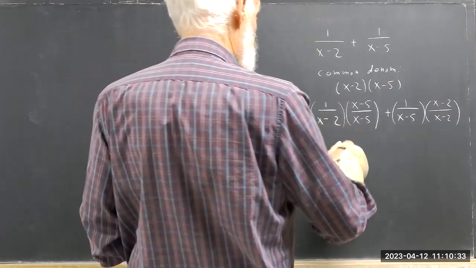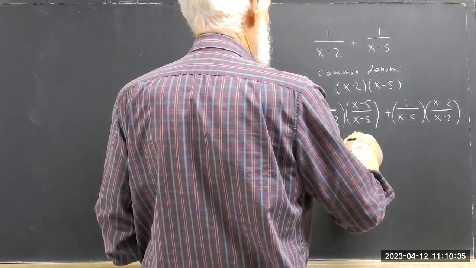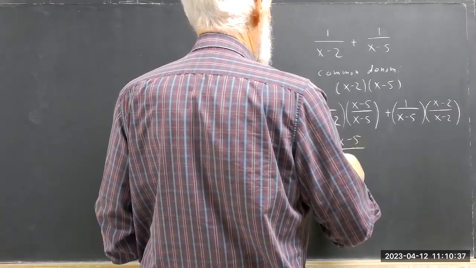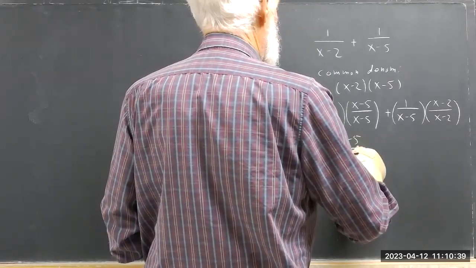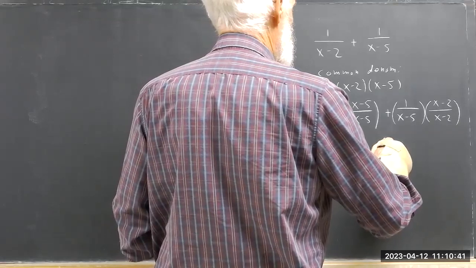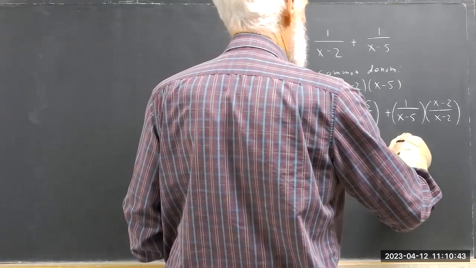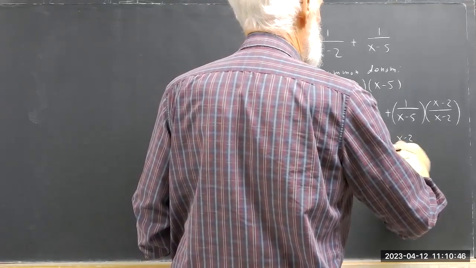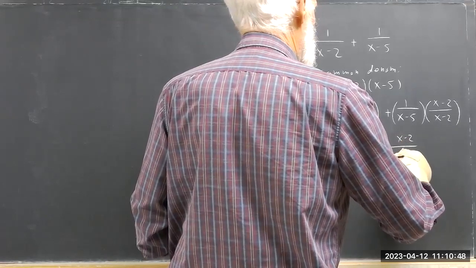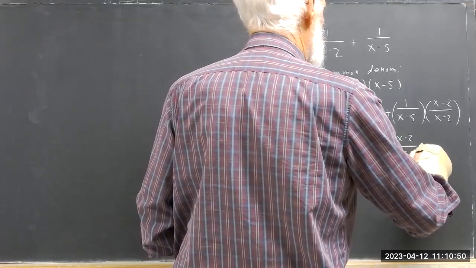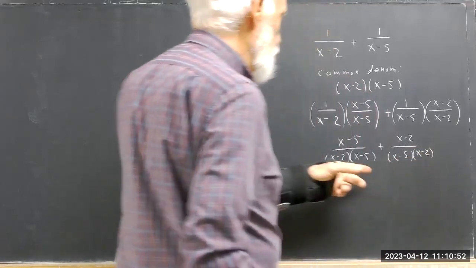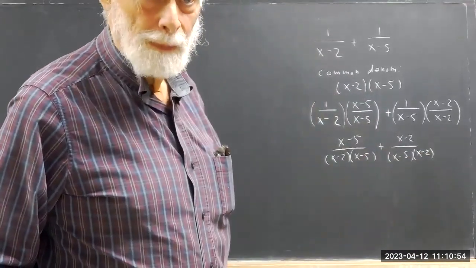If we multiply everything out, we're going to get x minus 5 over x minus 2 times x minus 5, plus x minus 2 over x minus 5 times x minus 2, which of course is the same thing as x minus 2 times x minus 5.